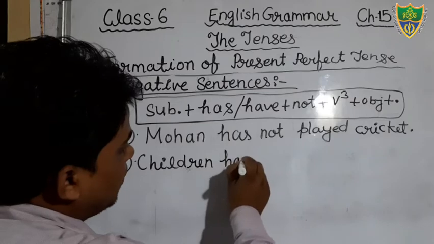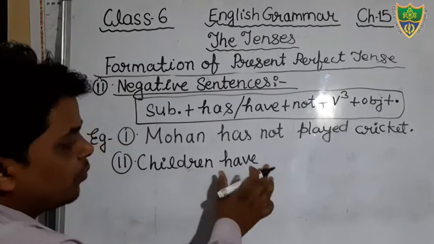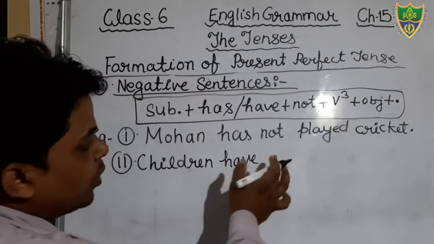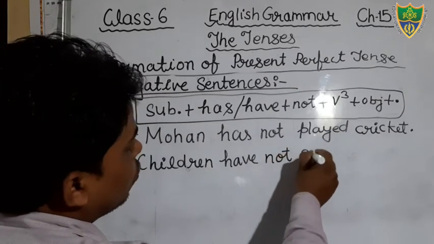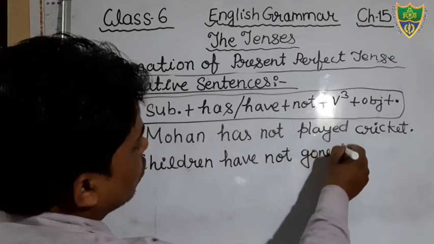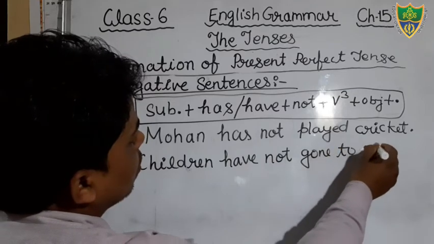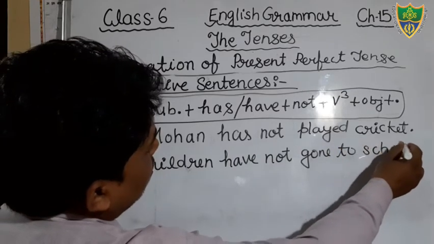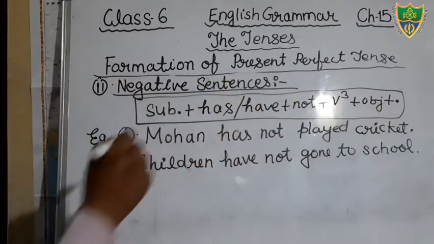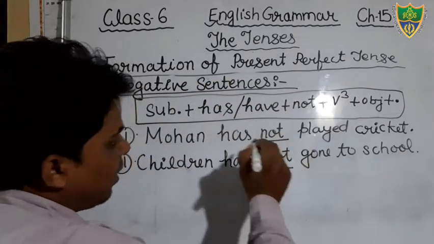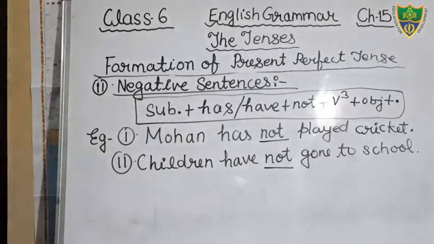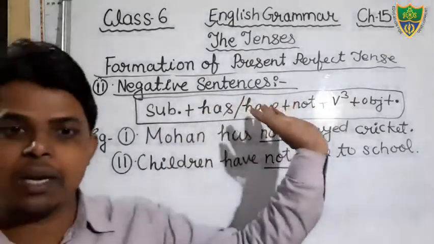Have, because that is plural subject, therefore we will use the helping verb plural. Children have not gone to school or market. Here that is negative sentence, therefore I have added here the negative word not just after the helping verb.